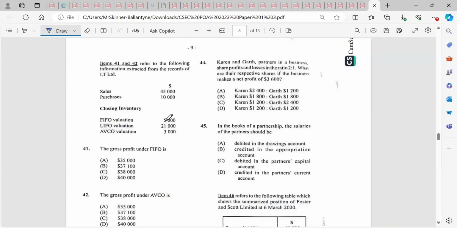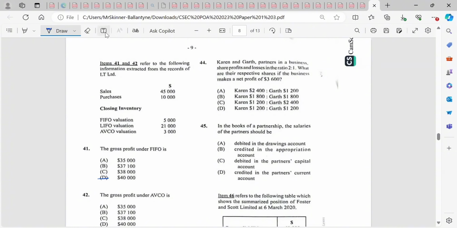Under FIFO, your closing stock is 5,000. So 10,000 minus 5,000 is 5,000, so your cost of goods sold is 5,000. Your profit is your sales minus cost of goods sold. So that will be 45,000, take away 5,000, and that will give you D, 40,000.